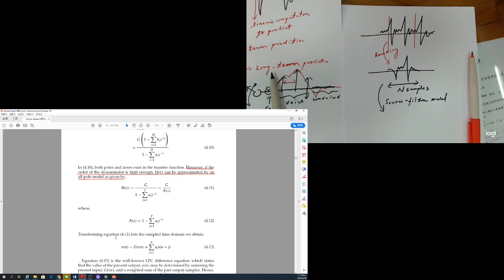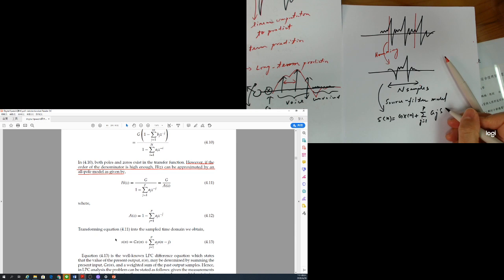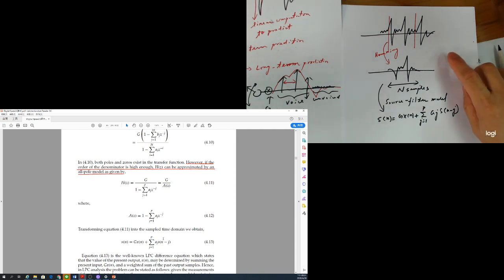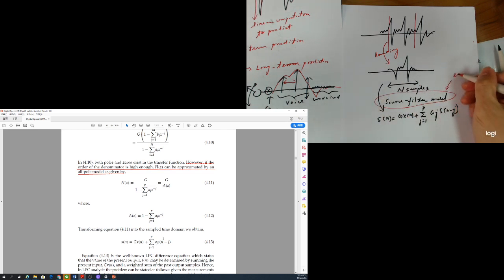We come to our output signal, which will become your trigger signal plus your linear prediction. Because right now we are doing the encoding, based on the source filter model we try to build out how to encode this signal.